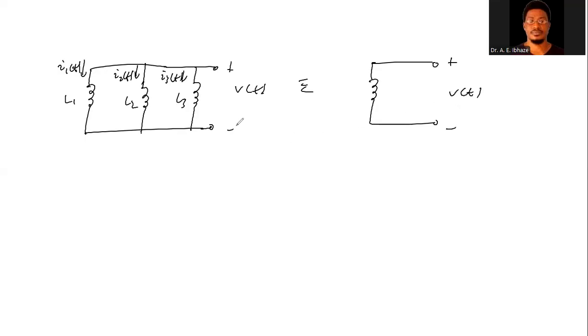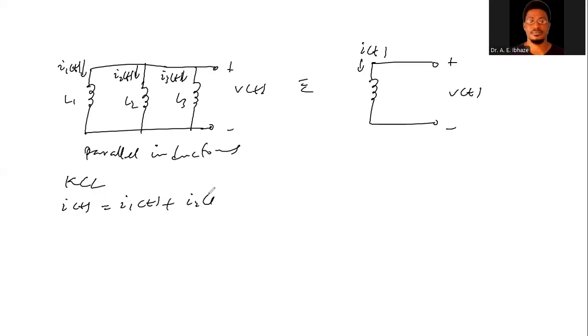In this case, we have the same voltage applied across the parallel connected inductors, and different current values flowing through each of the elements. Now, Kirchhoff's current law applies, so that I of t will be the same as I1 of t plus I2 of t plus I3 of t.